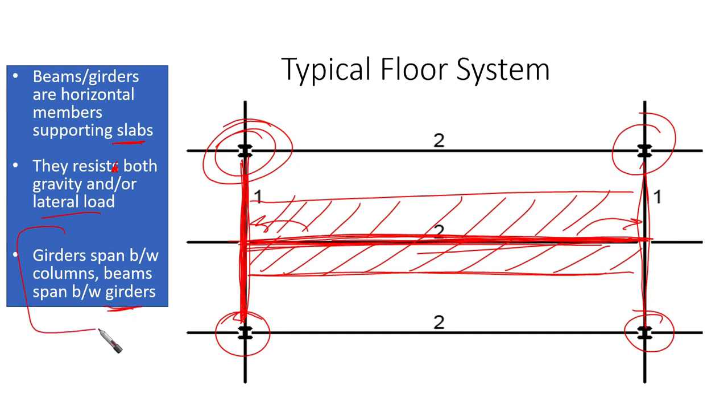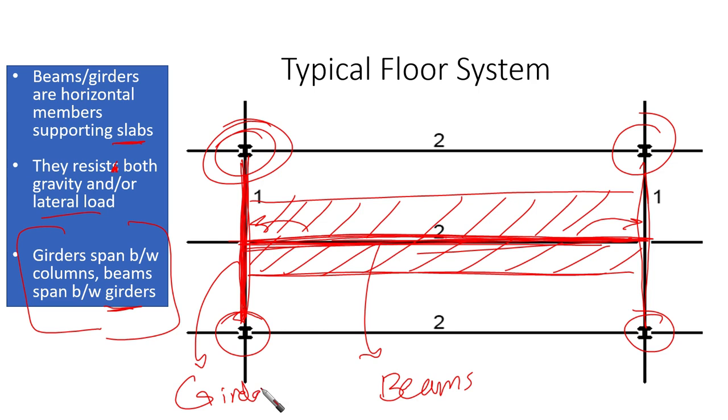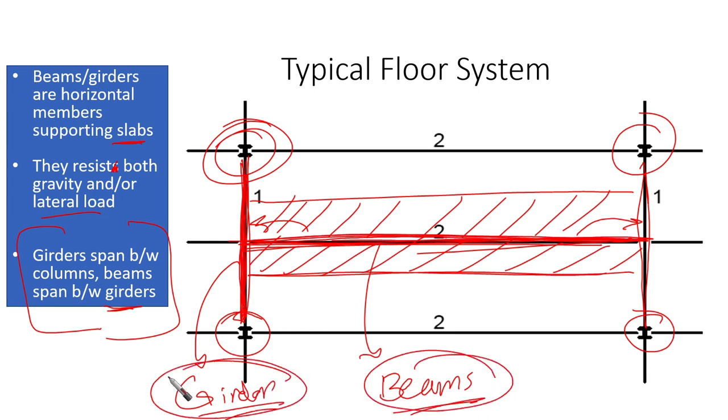So this is how we can differentiate between beams and girders. We can call this beams, and this girders, or we can say this is the secondary beams and the primary beams.